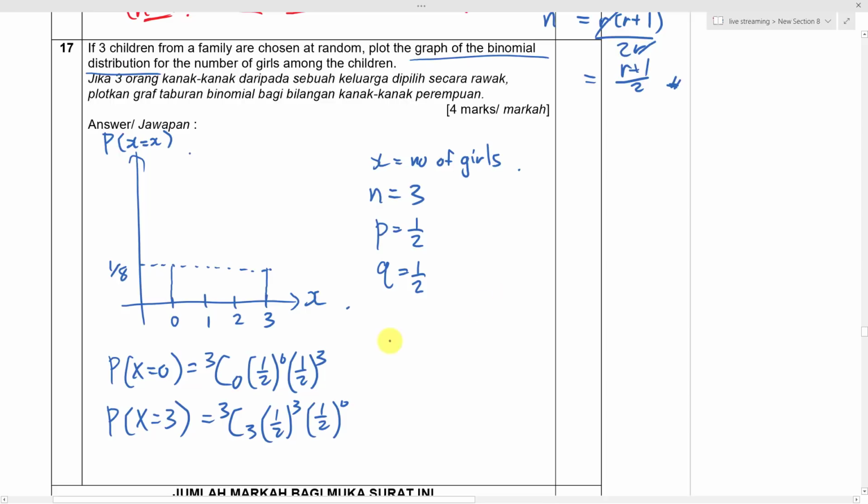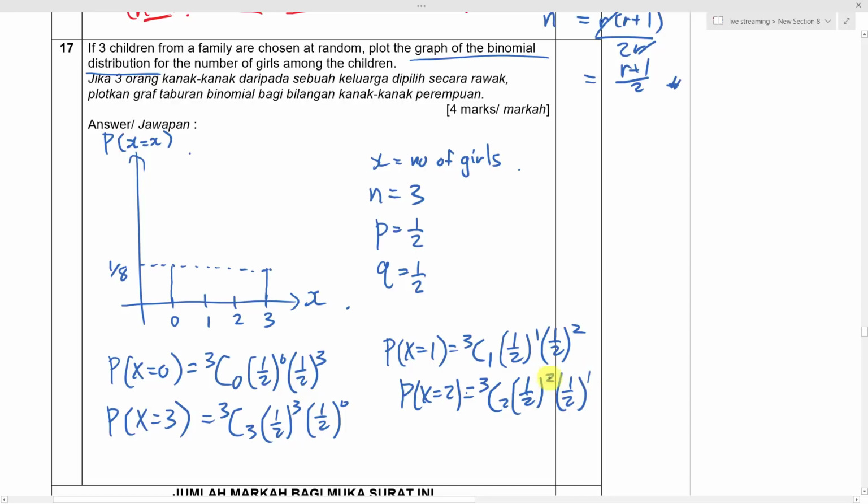Alright, then if you do x equals 1, you will get 3c1, half power of 1 and 1 over 2 power of 2. If you do x equals 2 here, you get 3c2, half power of 2 and half power of 1, and both of these are the same thing also, which, if not mistaken, should be 3 over 8.